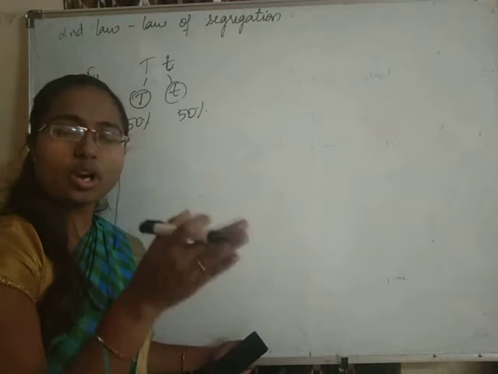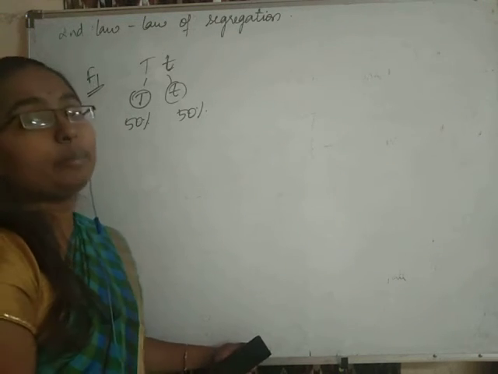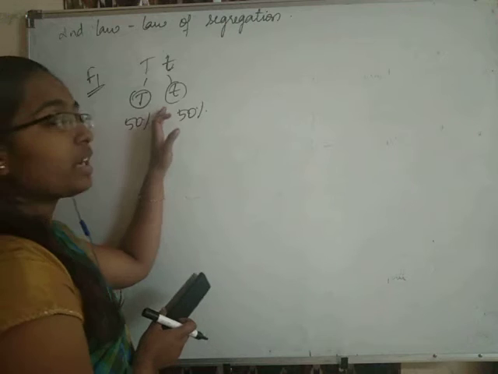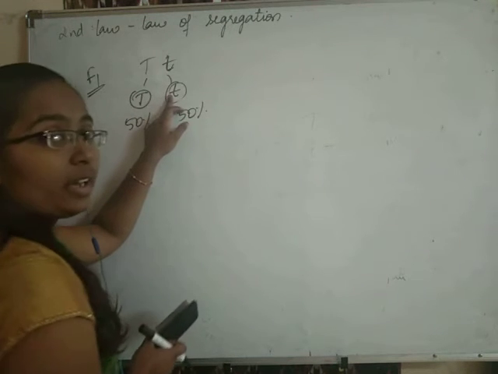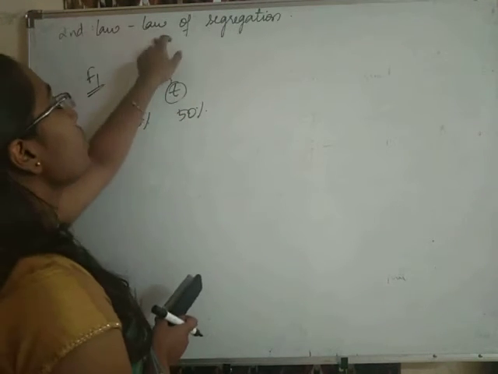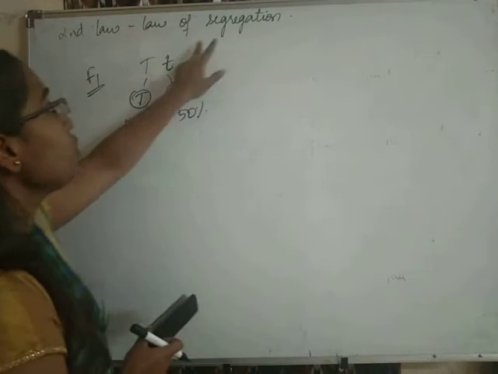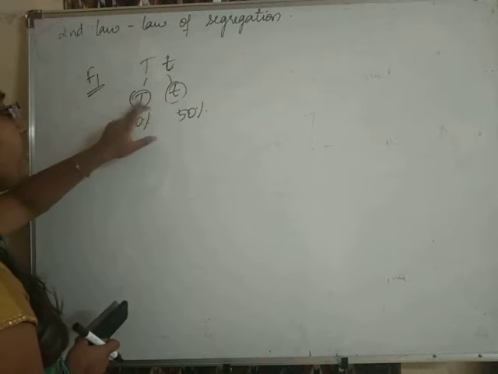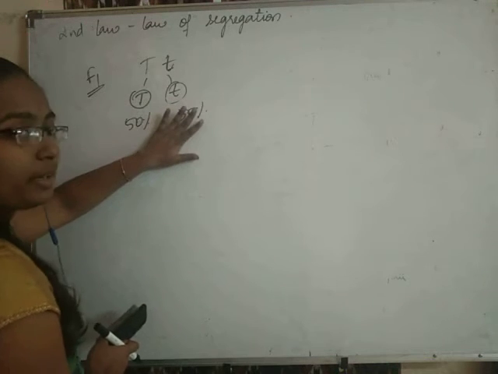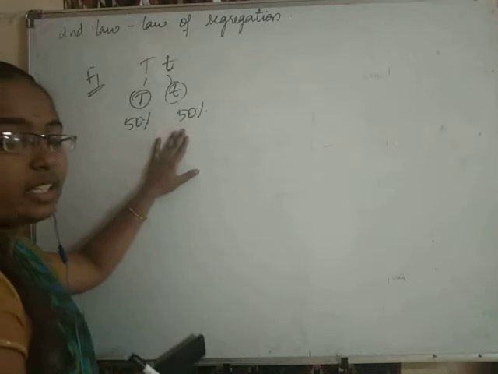We are able to see tall plants or dwarf plants, that is all. We are not seeing any intermediate heights because there is no blending of characters. These two factors separate independently. This is called the law of segregation. Capital T is separating and small t is separating. Half of the gametes contain capital T, half contain small t.